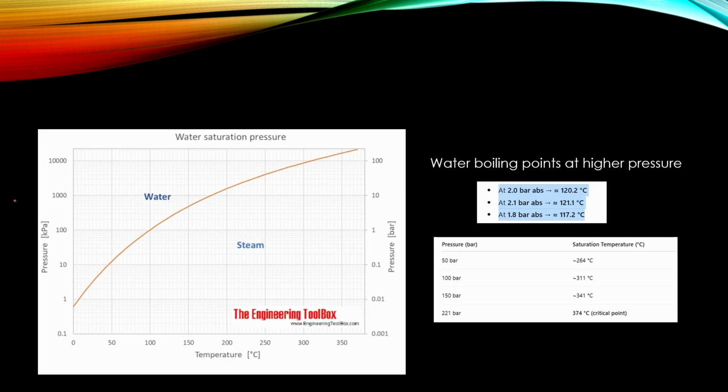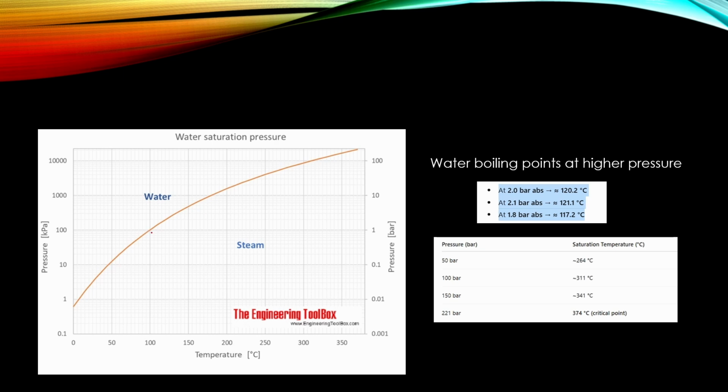In this picture we have the water boiling curve. We have temperature on the x-axis and pressure on the y-axis, here in kilopascals and here in bars. If we take an example, we have a temperature of 100 degrees C and we are operating at normal pressure, 1 bar.